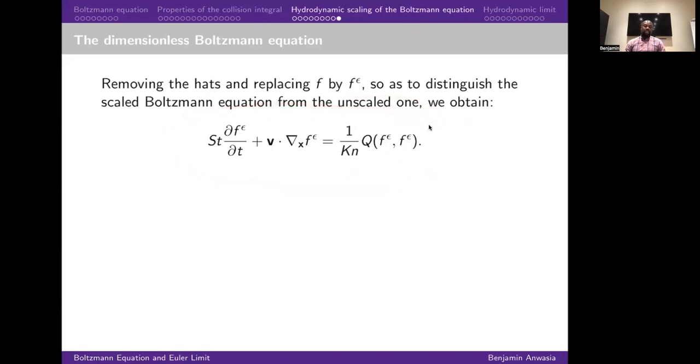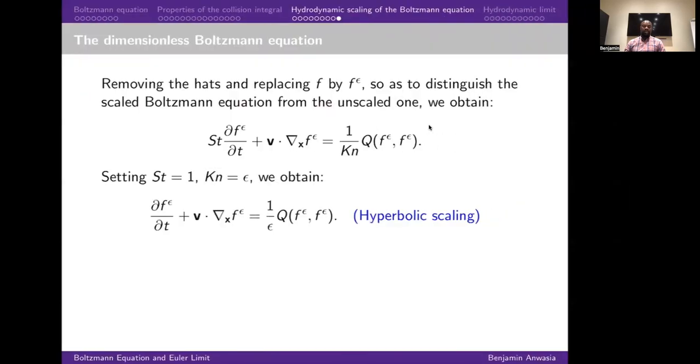Now, if we set the Strouhal number equal to 1 and the Knudsen number equal to epsilon, we obtain the following scaling of the Boltzmann equation, which is called the hyperbolic scaling. This scaling is used in the derivation of the compressible Euler equations and the compressible Navier-Stokes equations.